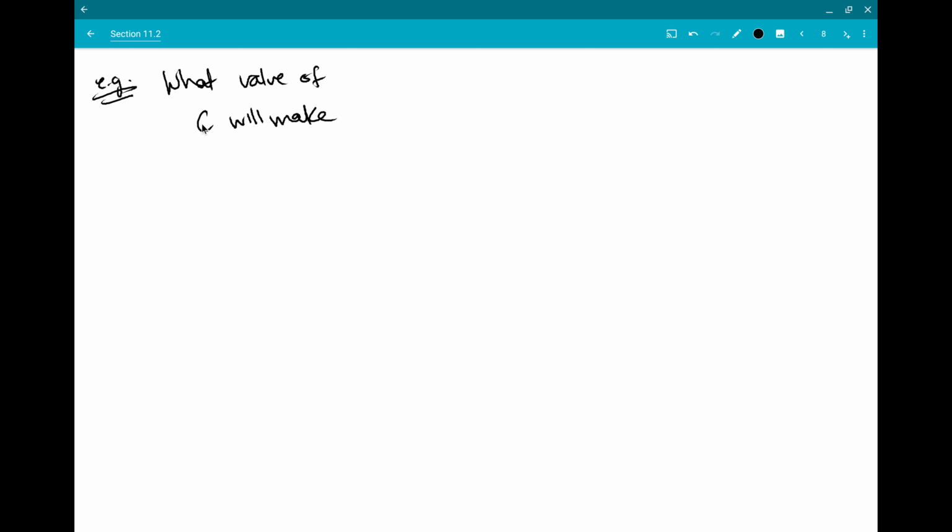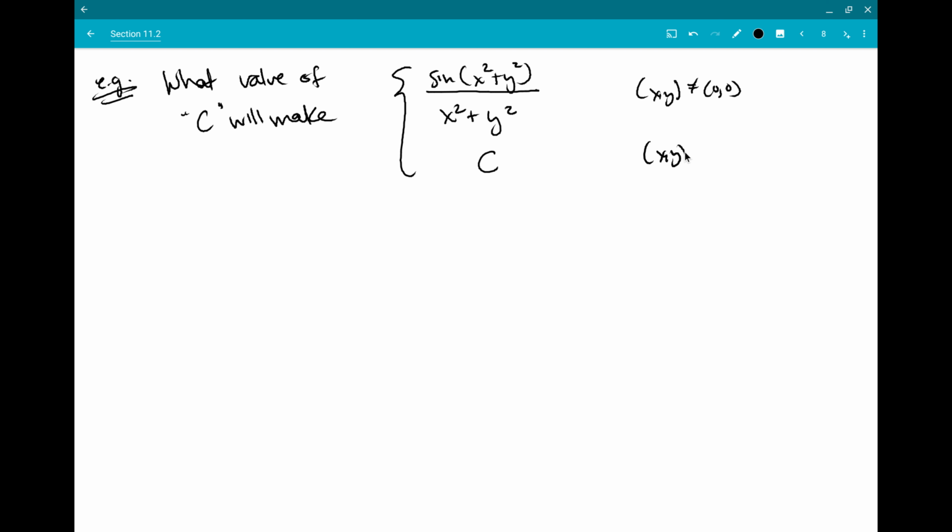I want to know what value of c will make this function that is defined by sine of x squared plus y squared over x squared plus y squared for all xy not at the origin, and c at the origin. And I want to know what value of c will make this piecewise function continuous.